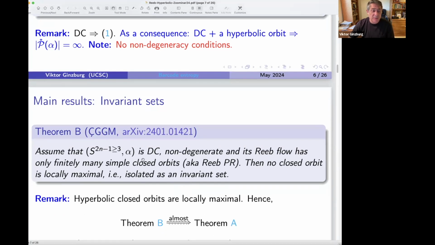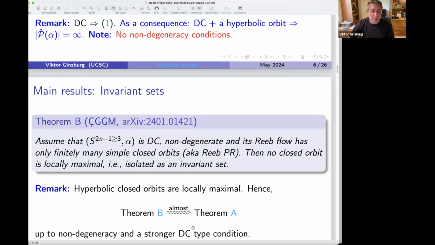We almost have the second theorem implying the first theorem because a hyperbolic orbit is necessarily locally maximal. So if I turn the other theorem around, it will say that whenever I have a locally maximal periodic orbit, the total number of periodic orbits is infinite.